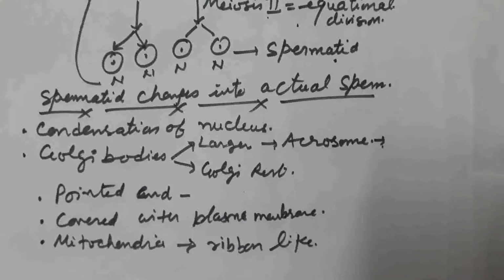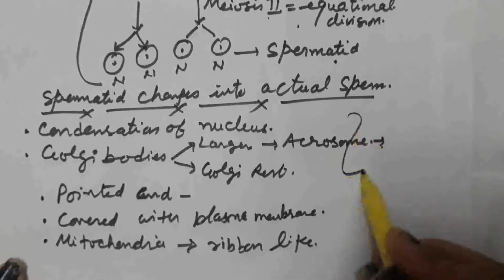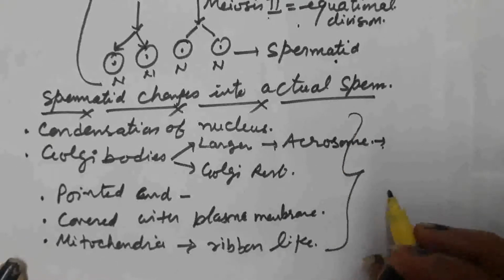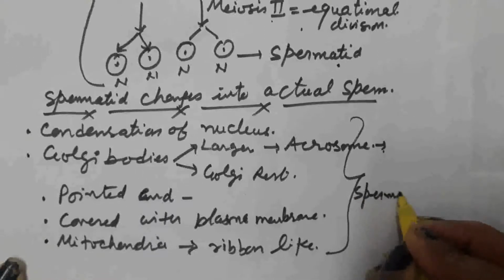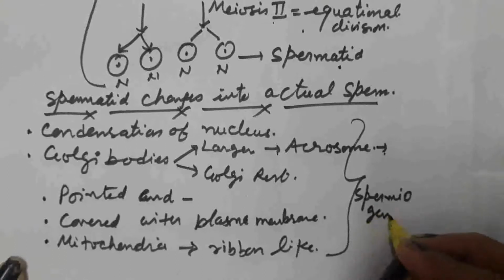This process is known as spermiogenesis. What do we call this process? This process is known as spermiogenesis, in which the spermatid changes into an actual sperm.